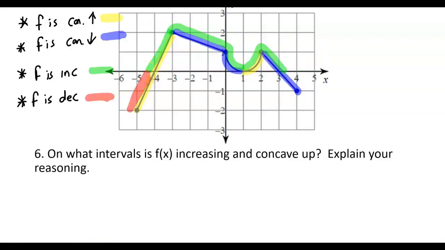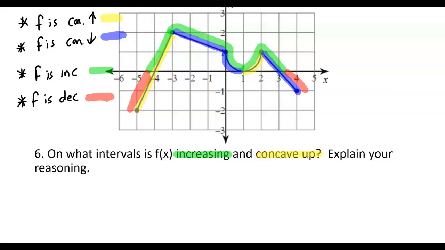This graph is below the x-axis. So there's my color coding. Now let's go ahead and take a look at this. They want to know when F is increasing. Well, we've decided that's green. And they also want to know when F is concave up. Well, we've decided that's yellow. So anywhere on this graph up here where we've got yellow and green, we're in good shape.